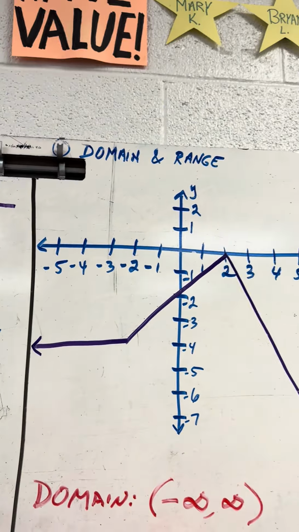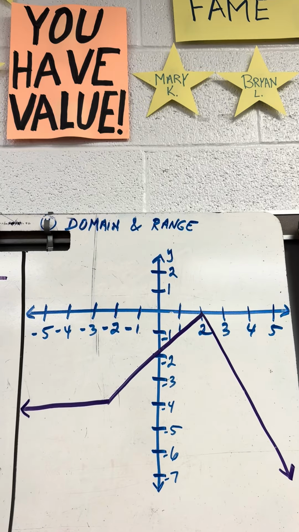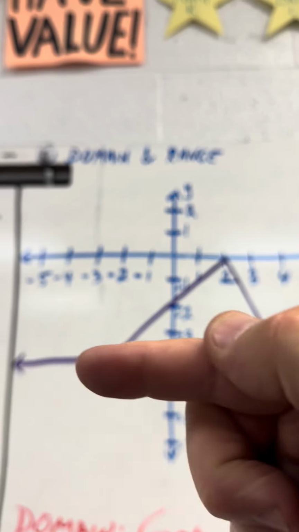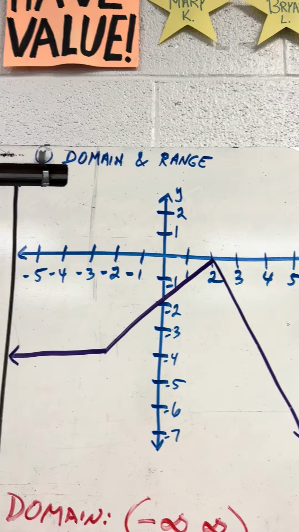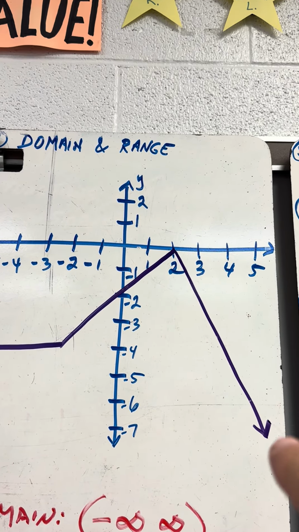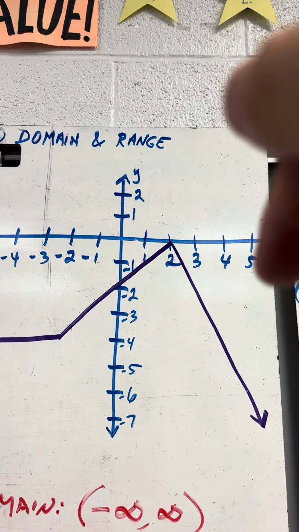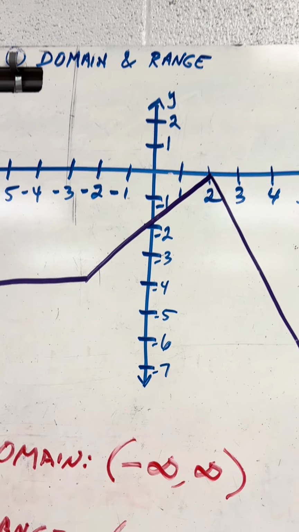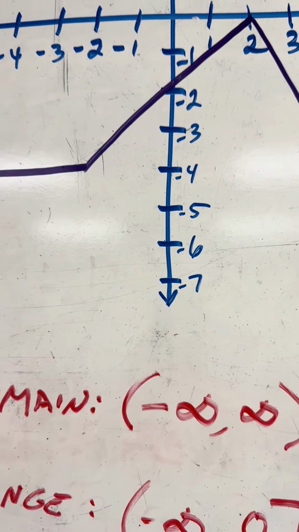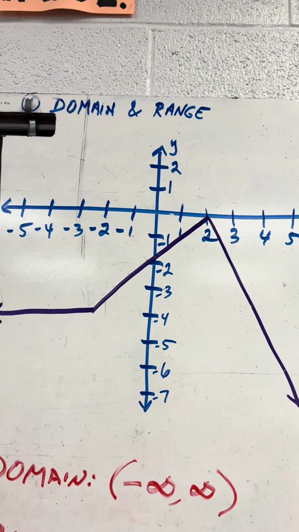What's the domain and range here? Notice there are arrows in this one. Okay, still, this goes all the way to -infinity. This also goes, even though it's going downward direction, it keeps going forever, and it's to the right, so it goes to +infinity. The domain is -infinity to +infinity. What's the range?